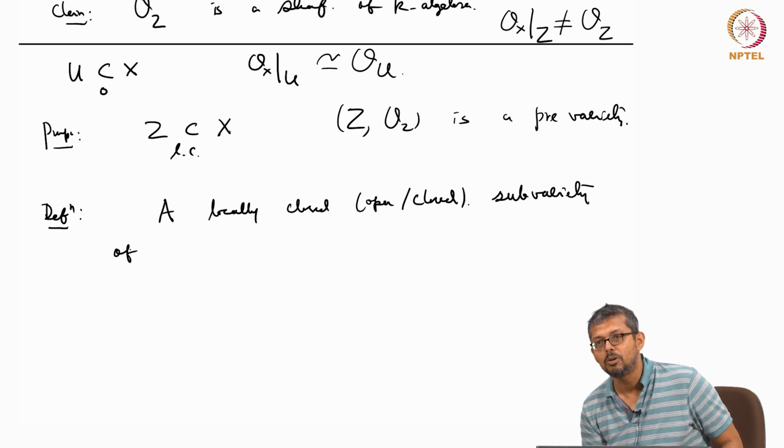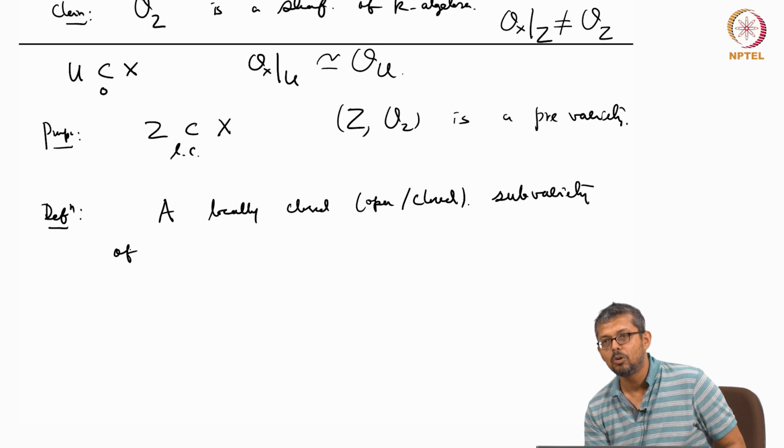Locally open is always open. These are called the intersection of a closed and an open subset. So this need not be open, nor closed. That's why it is called local.